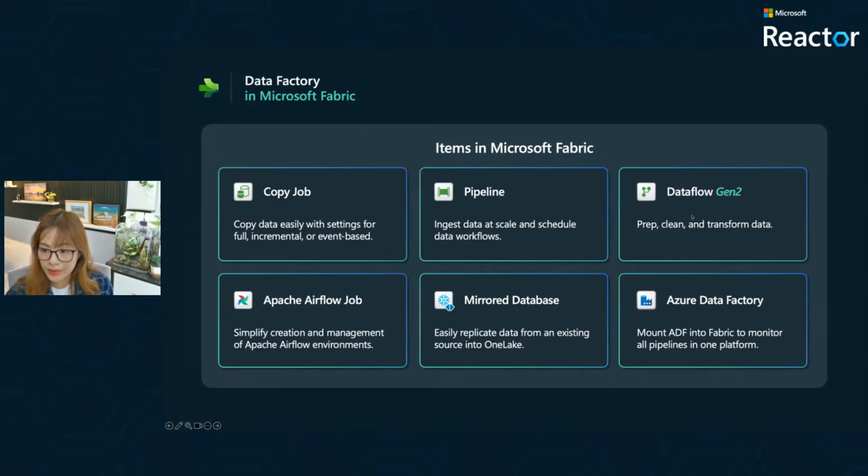You have Dataflow Gen2 to help prep, clean, and transform your data. You have Apache Airflow Jobs to simplify creation and management of Apache Airflow environments. You have Mirrored databases to help you easily replicate data from an existing source into OneLake. And you also have Azure Data Factory, which allows you to mount an existing Azure Data Factory into Fabric to monitor all pipelines in one platform.